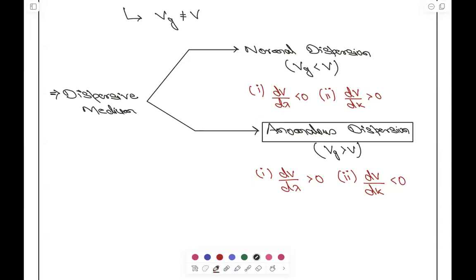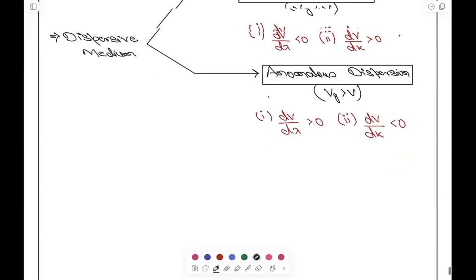Now we will do a few numericals here and then we will move ahead. Okay, we will do some numericals.